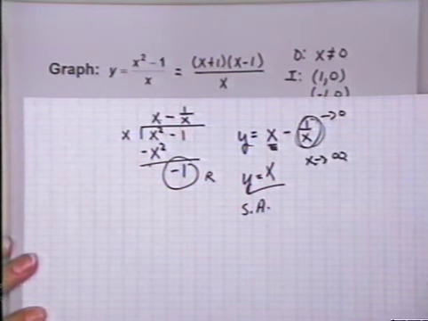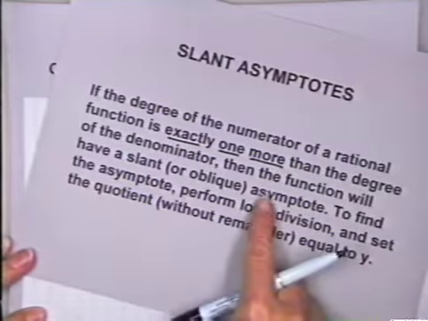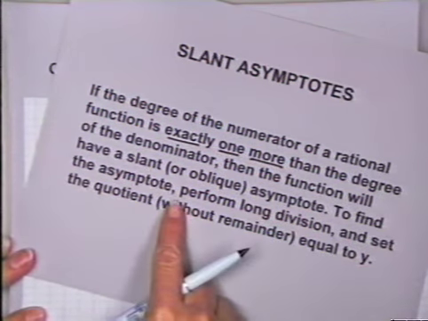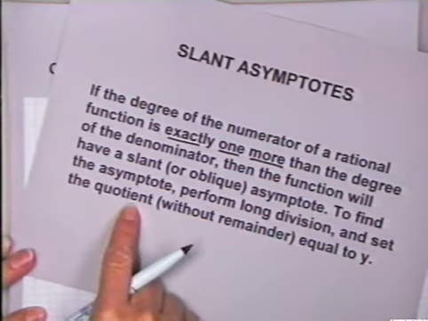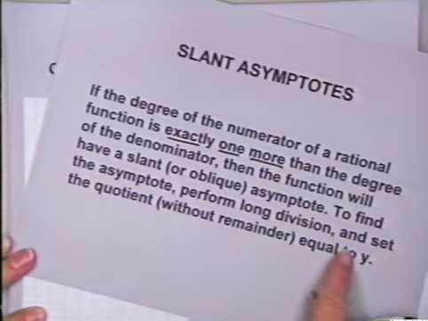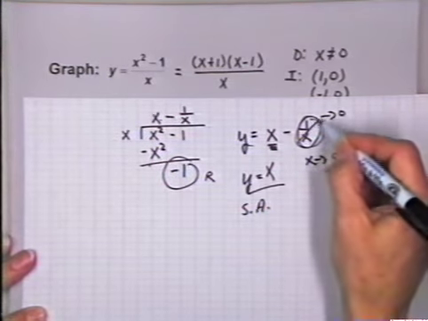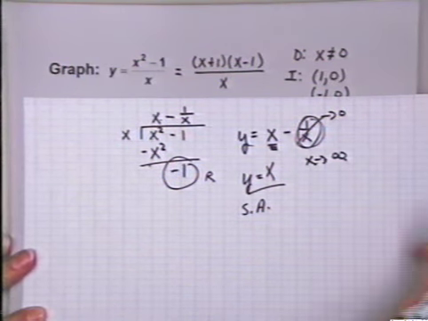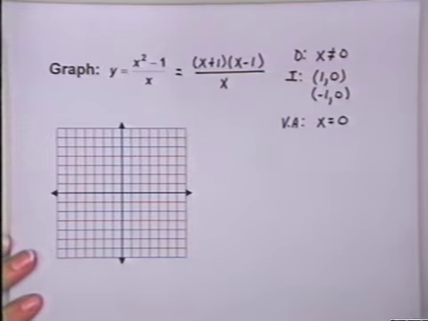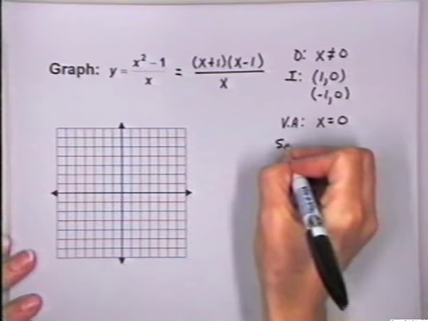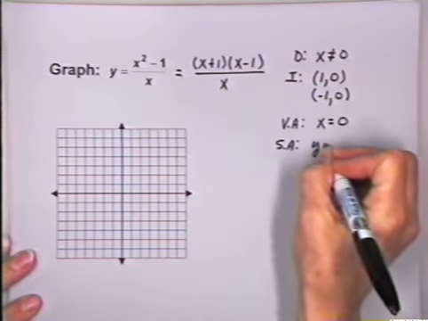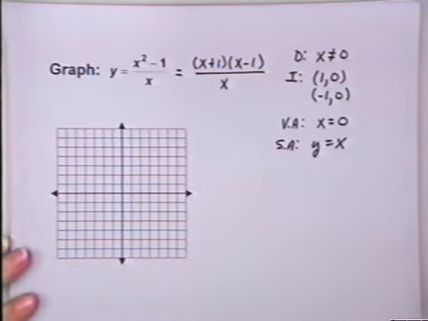Your rule said to do the long division, then set the quotient without the remainder equal to y. The reason we're leaving off the remainder is because it tends to 0 as x gets big. So we have discovered here that our slant asymptote is y equals x.